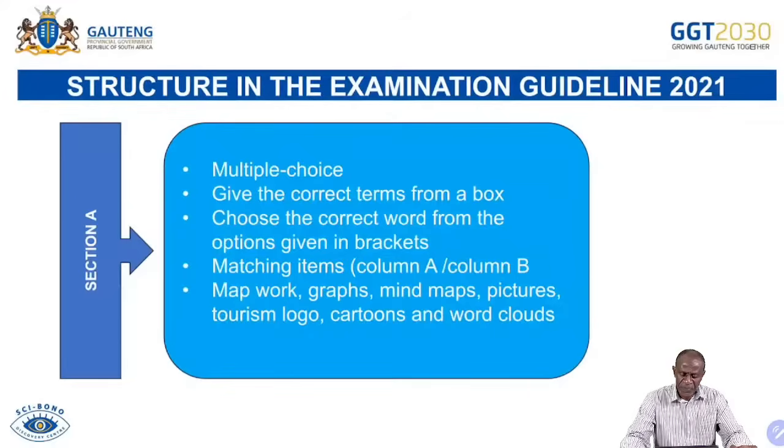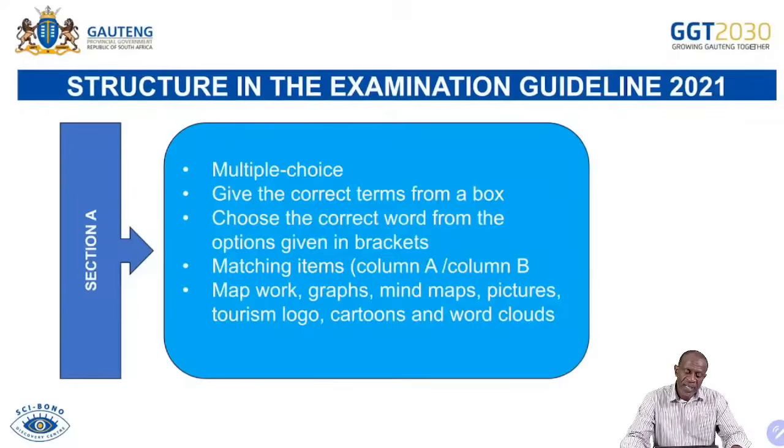So they will put terms or concepts inside the box, and you'll have to link the correct one with the statement that would be given. The third one says, choose the correct word from the options given in brackets. So there will be a statement, and in between or at the end of the statement, there will be two concepts given in brackets, and you'll have to select the correct one.